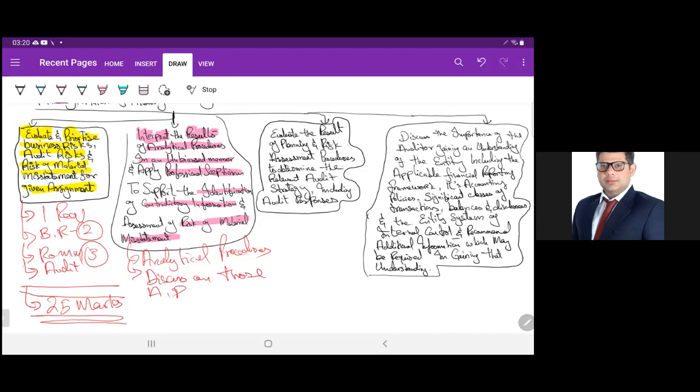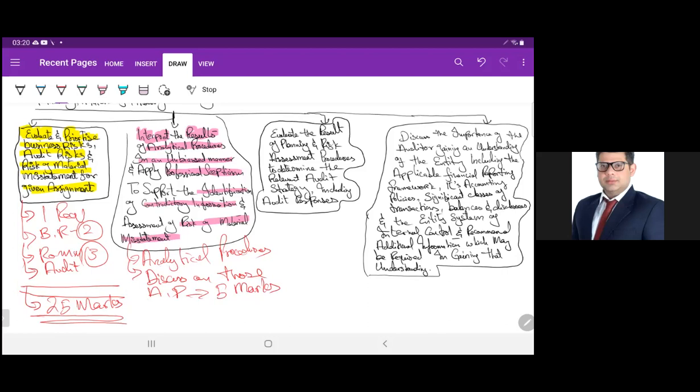Okay, if you only compute the analytical procedures and you do not discuss on them, you won't get a single mark, right? And this analytical procedures and their interpretation will give you 5 marks, right? How will you get 5 marks? When you do both. You will calculate the ratios, the analytical procedures, and then you will interpret on them.